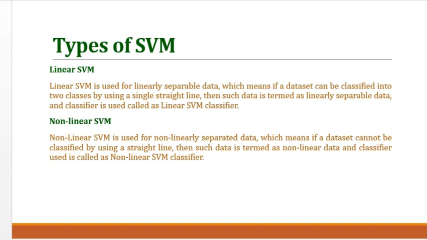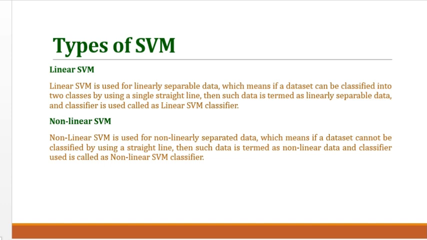Then you have multi-class SVM. It is used for target variables which have more than 2 classes. And then finally you have structured SVM, which extends the SVM to handle structured output spaces like sequences, trees, or graphs. Here we'll learn about the 2, linear and non-linear SVM, in detail.